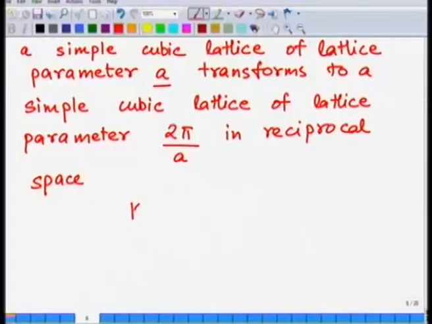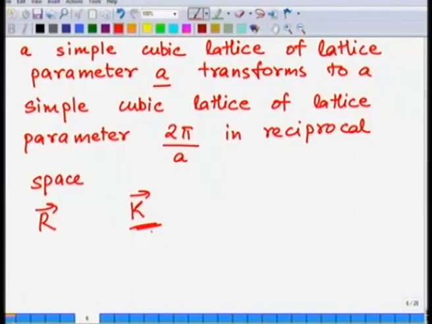In other words, I can generate another lattice in reciprocal space by just repeating this unit cell, and I will generate various lattice points, and those lattice points will be defined by this vector K. If R defines the lattice points in direct lattice, then capital K defines the lattice points in reciprocal lattice. All right. So, with this, let us move on.